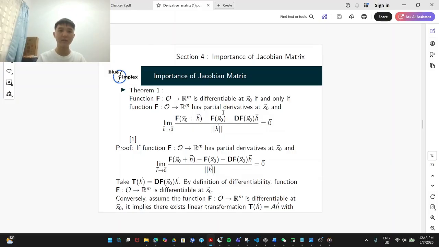Now theorem 1: the function f is differentiable at x naught if and only if f has partial derivatives at x naught and this limit exists and equals the zero vector.